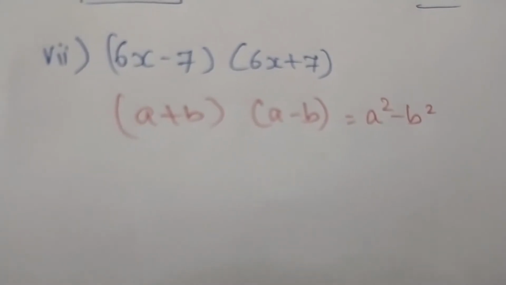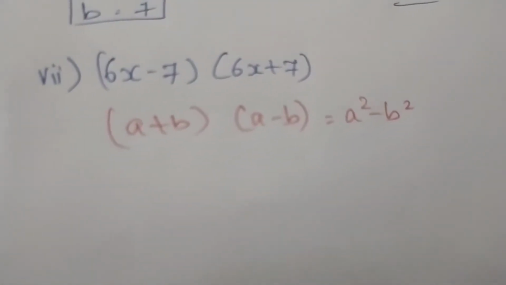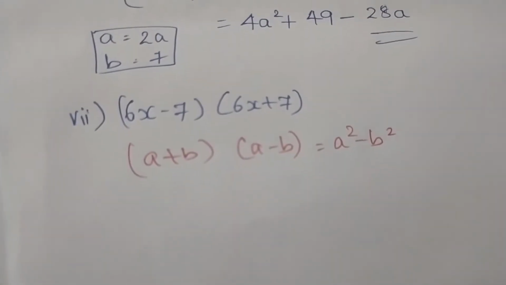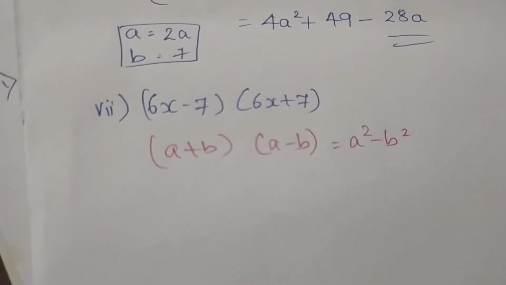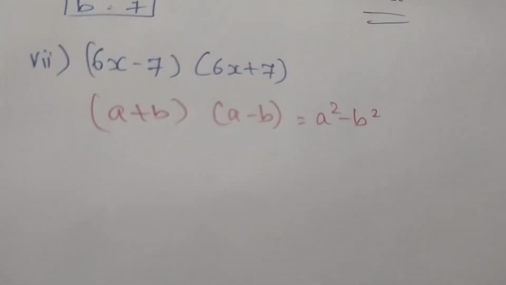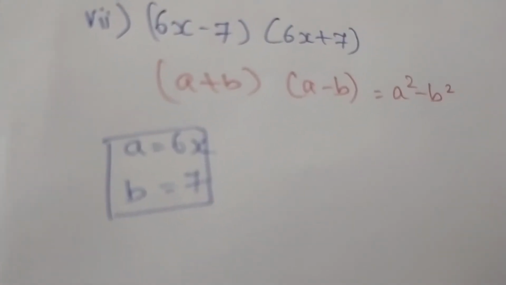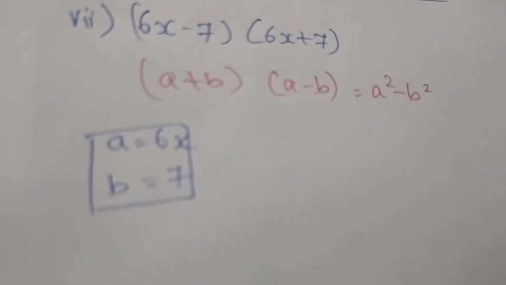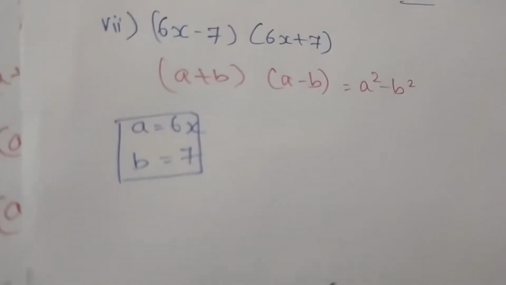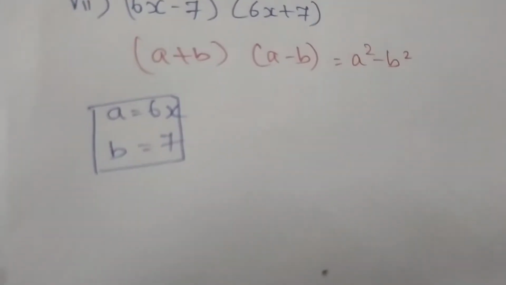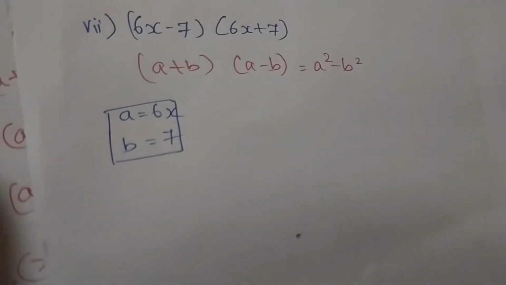So what will be the value of a here? Here a is what and what is b? A will be 6x and b will be 7. So children, here a is 6x and b is 7. So let us substitute the value of a and b and find the answer.